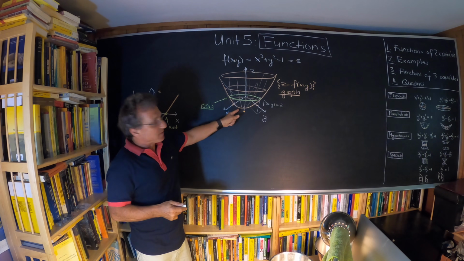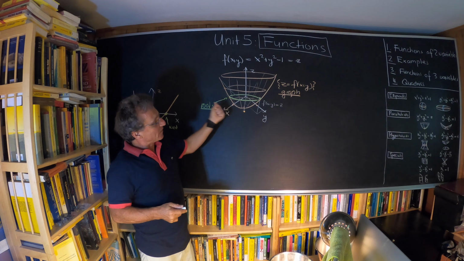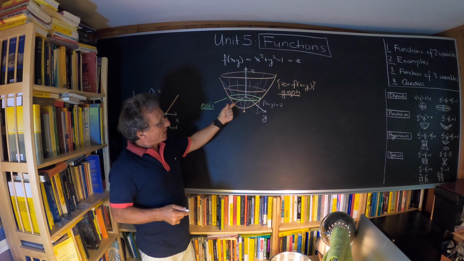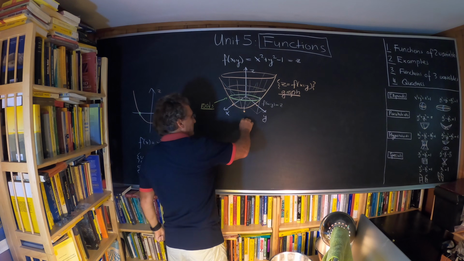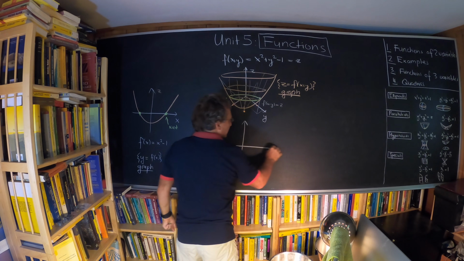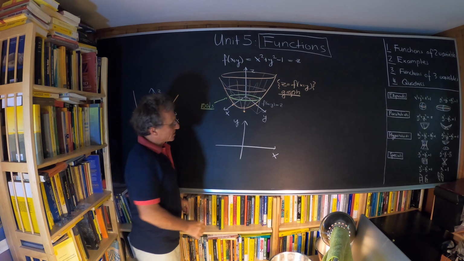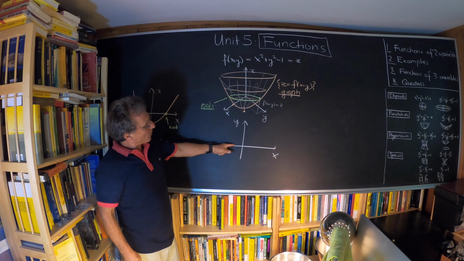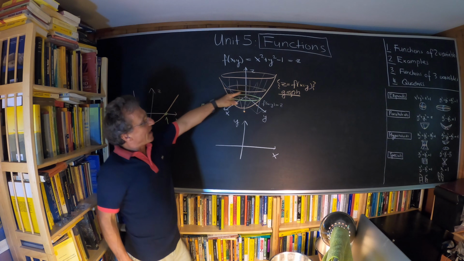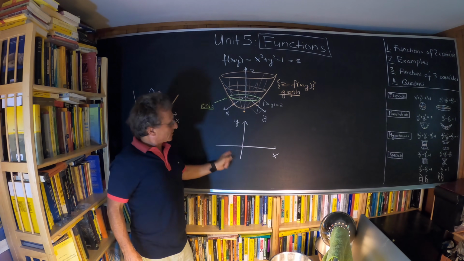So there is another way besides just visualizing the function using the graph, which is using a contour map. That's a little bit easier to draw because we are in 2 dimensions. What we can do is for every z value, we can draw the contour.